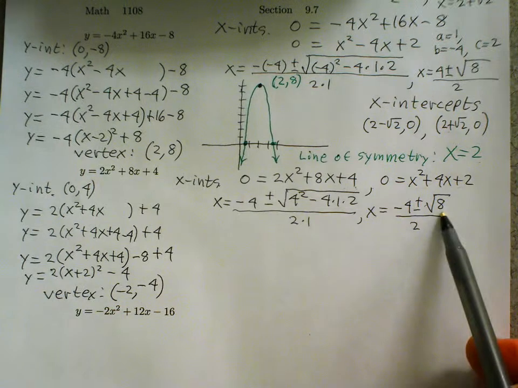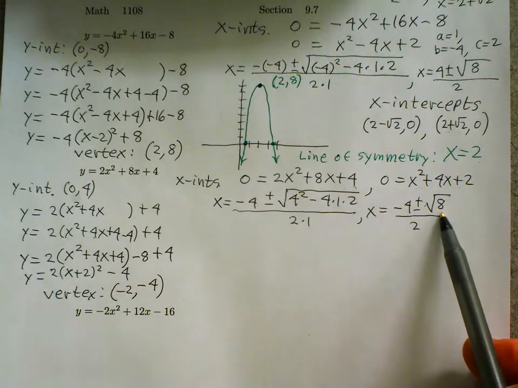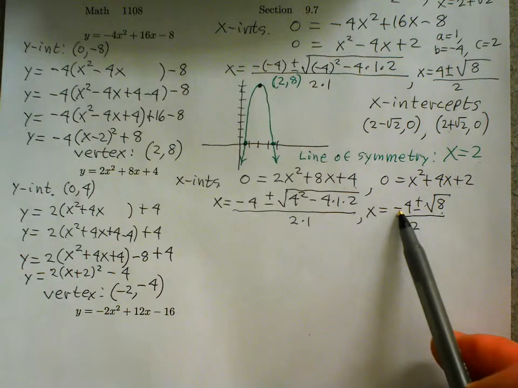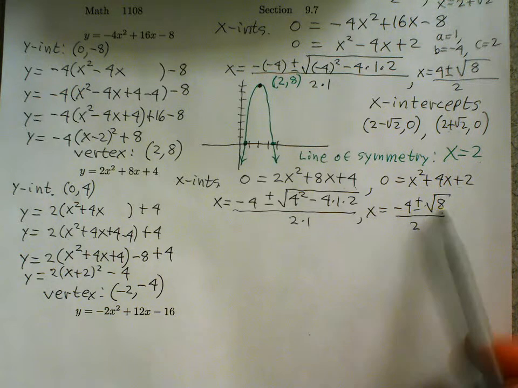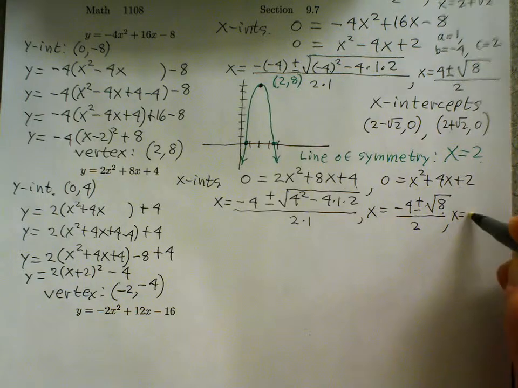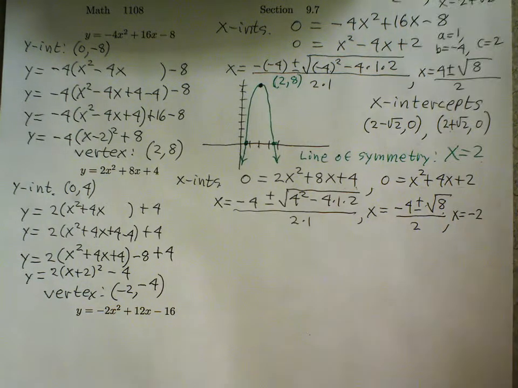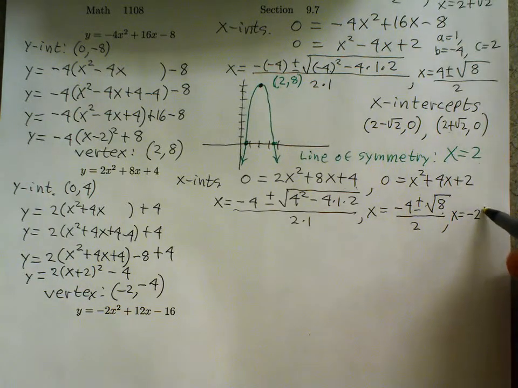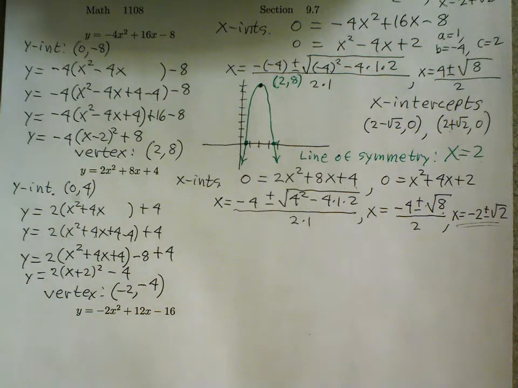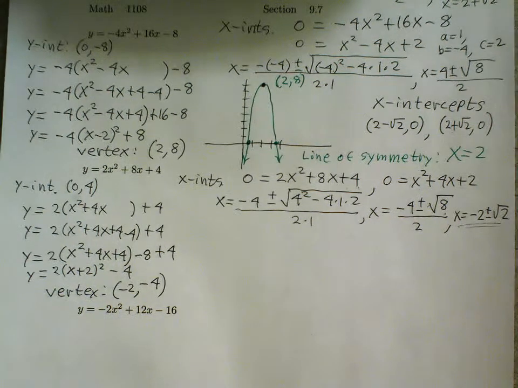The square root of 8 is 2 times the square root of 2. So when we cancel the common factor of 2's, we'll get x equals -2 plus and minus the square root of 2. Those are the 2 x coordinates of the x-intercepts.